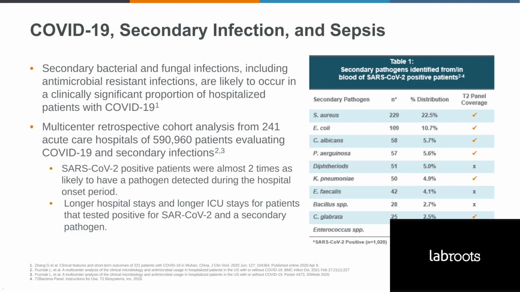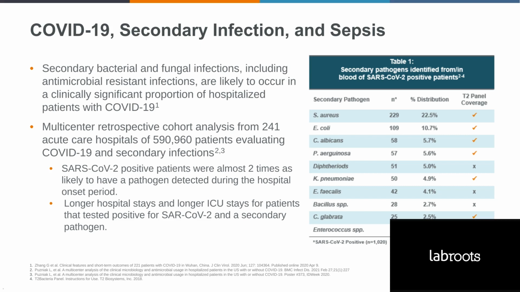As it's well known, secondary bacterial and fungal infections, including antimicrobial resistant infections, are likely to occur in a significantly high proportion of hospitalized patients with COVID. I did want to quickly mention a multi-center retrospective cohort analysis from 241 acute care hospitals of more than 590,000 patients evaluating COVID-19 and secondary infections.